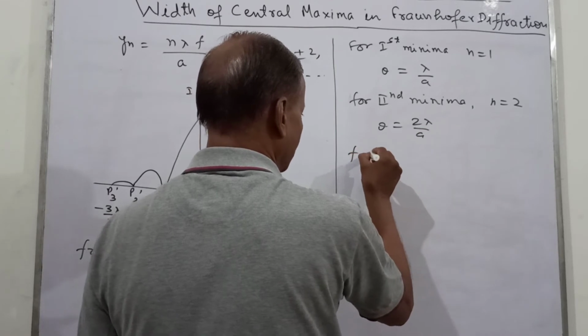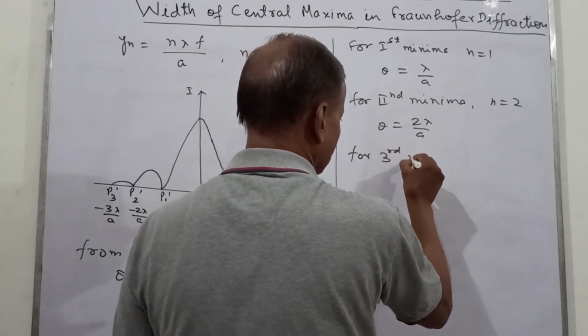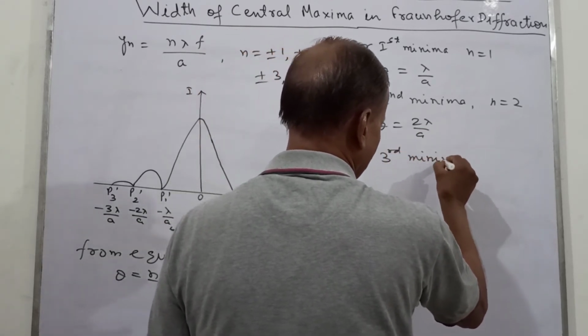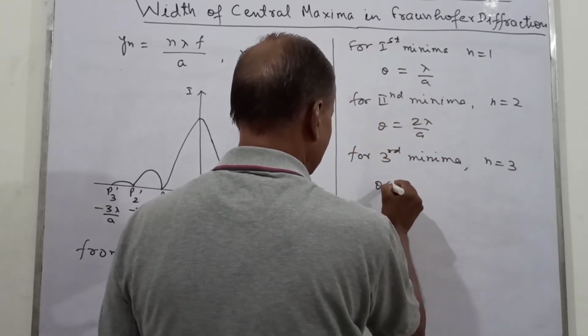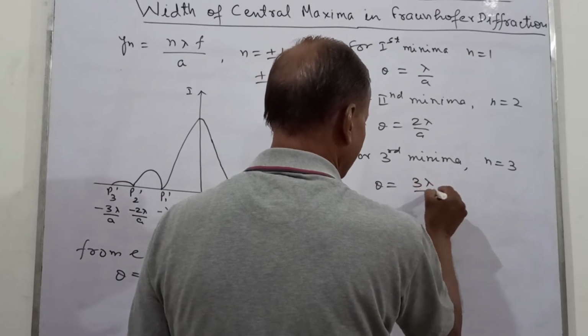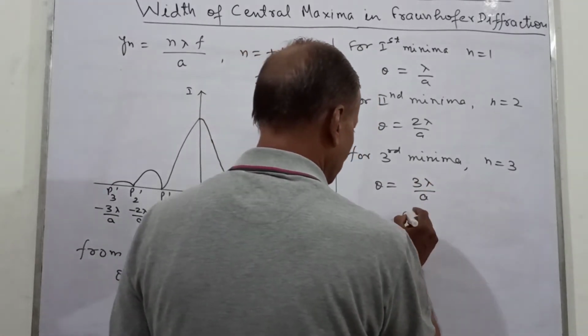For the third minimum, n equal to 3, so theta equals 3 lambda upon a, and so on.